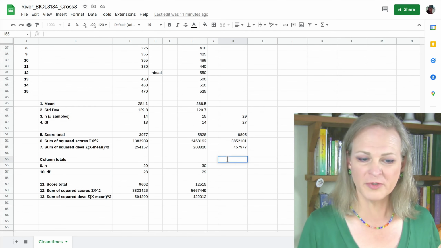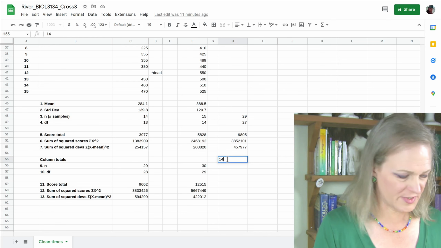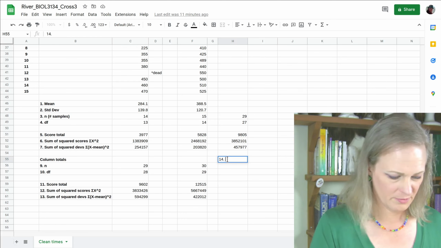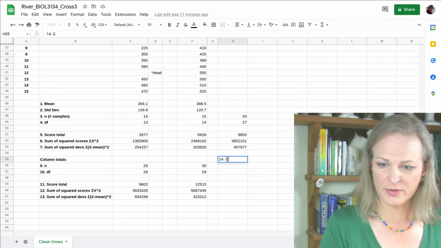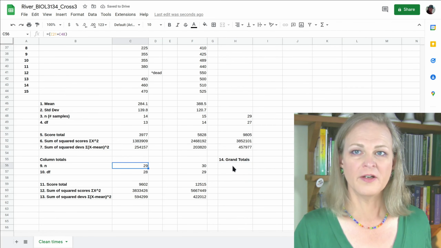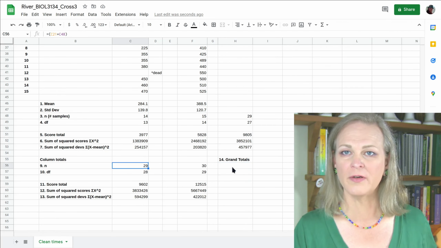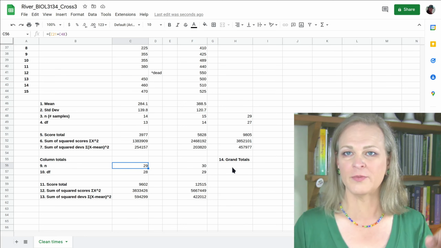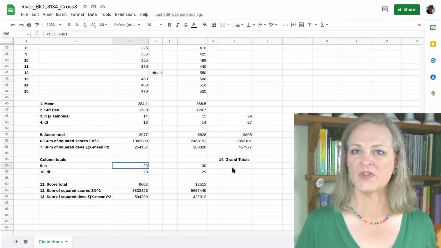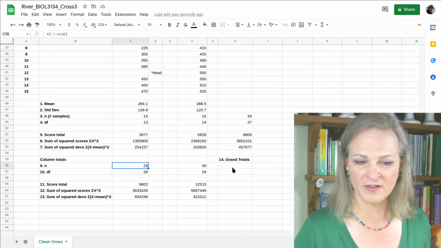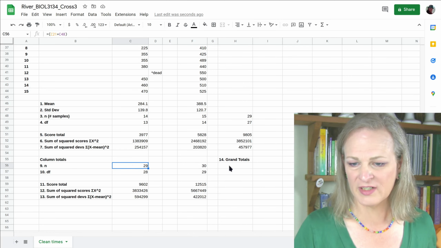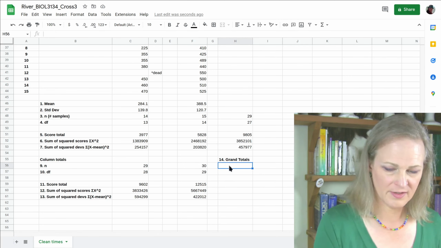Okay, we are almost there. So step 14, we need some grand totals. We can go about this two ways. We could total up vertically, add the rows together, or we could total up horizontally, add the columns together. So in this case, we'll make it easier on ourselves because it's right there. So we'll just do this.